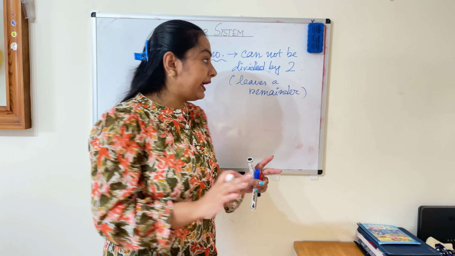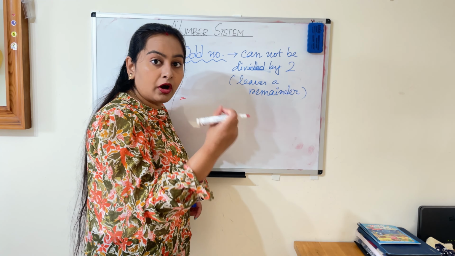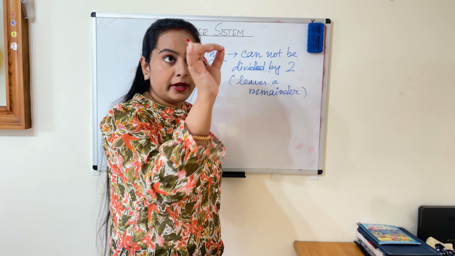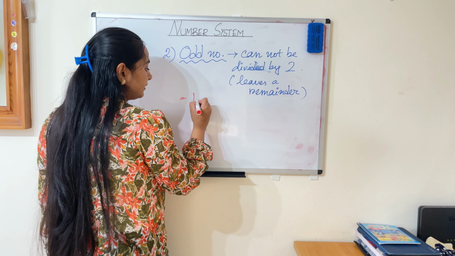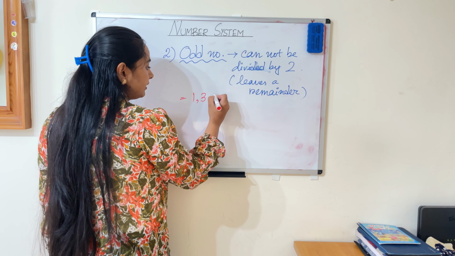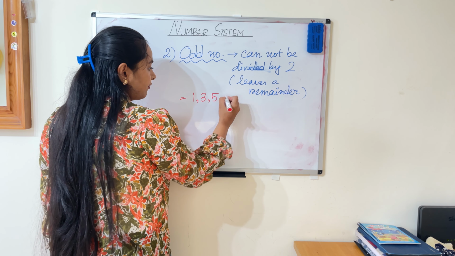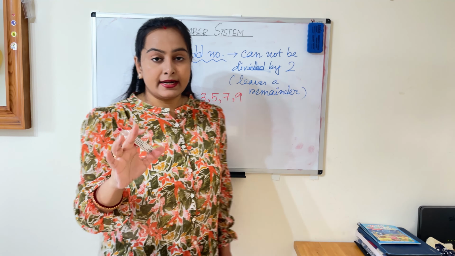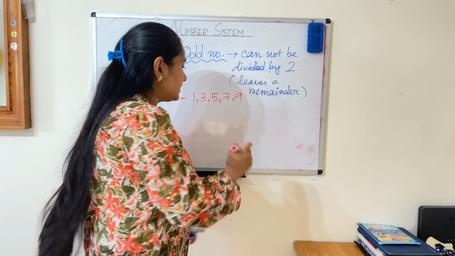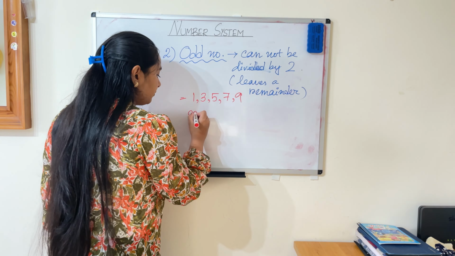In the same way, we can easily find out odd numbers: if the unit place or ones place digit is 1, 3, 5, 7 or 9, then that number should be considered an odd number. Suppose 23. See, at the unit place there is 3. So that number is considered an odd number, right?